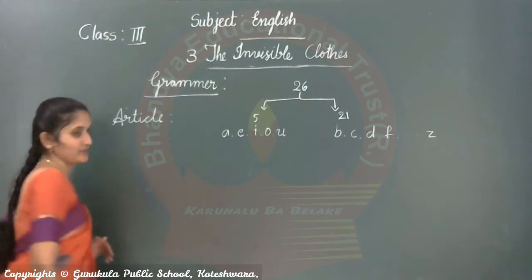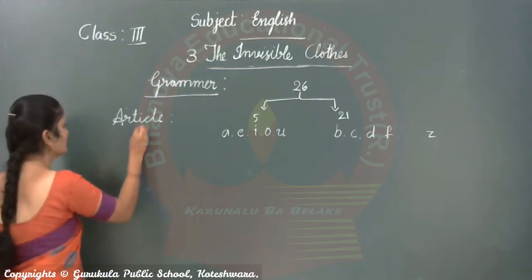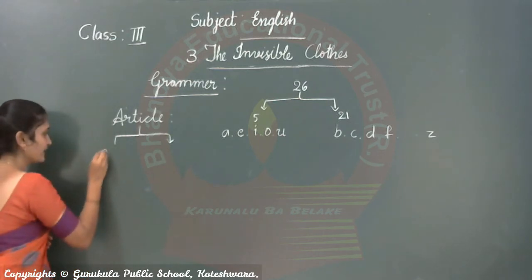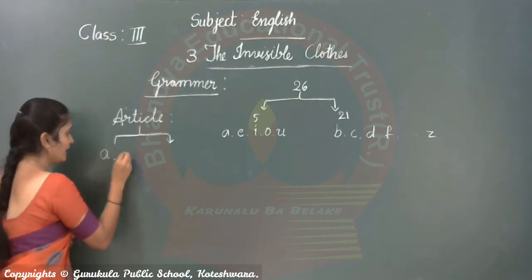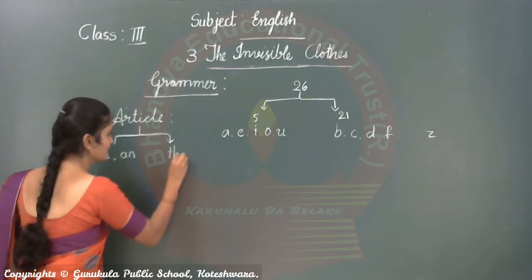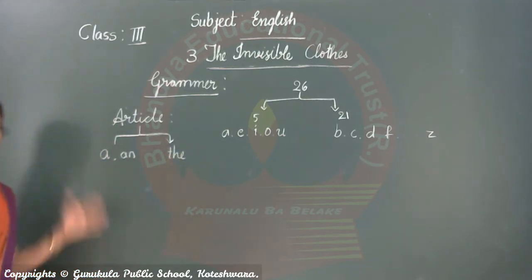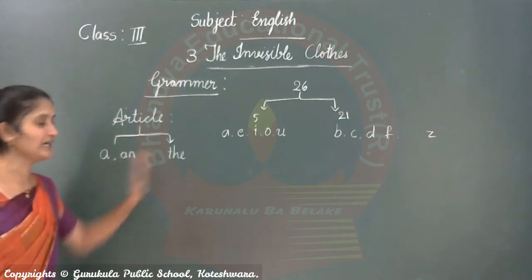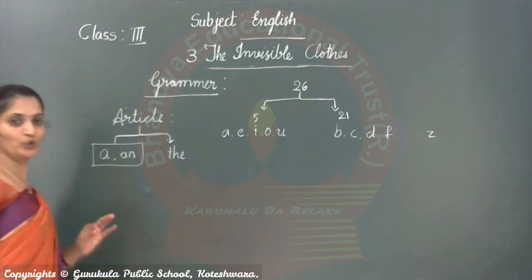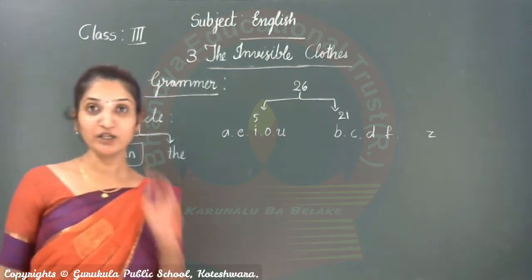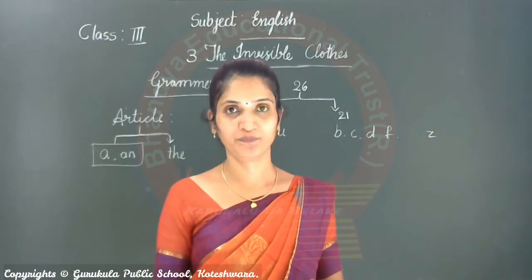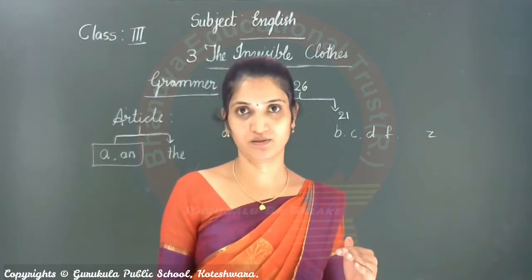Which are the articles here? Mainly 3 are there: a, an, and the. Why do I divide like this? We are using a and an only for singular nouns.